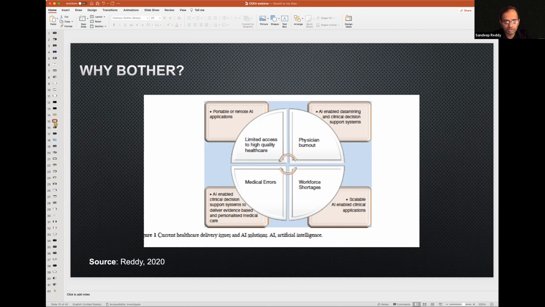For example, doesn't matter which part of the world, we have a significant problem in terms of workforce. That is, basically we face an excessive demand but inadequate supply of doctors, nurses, allied health workers in order to address that demand. And as the population ages in the developed countries, we start to see there is more and more demand for healthcare.